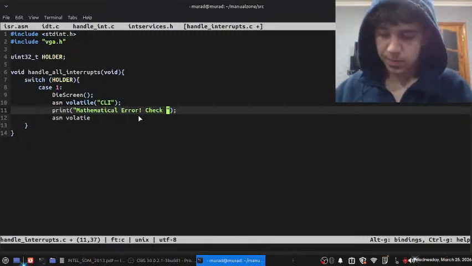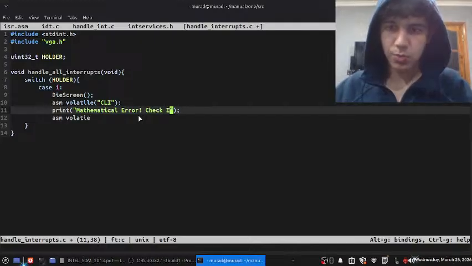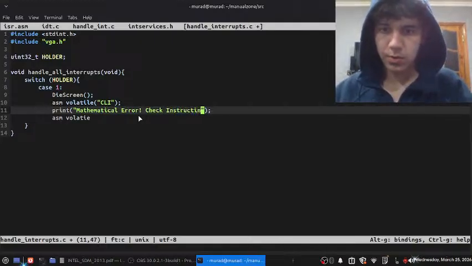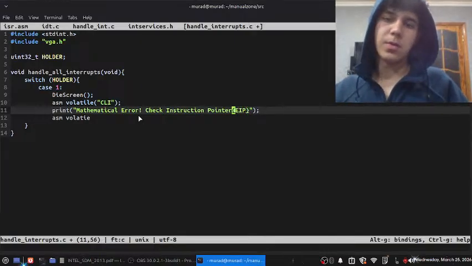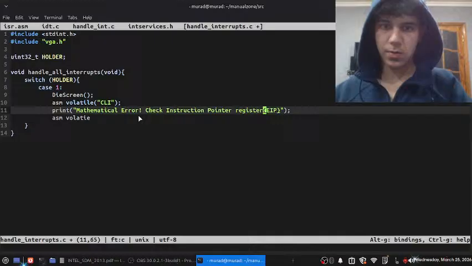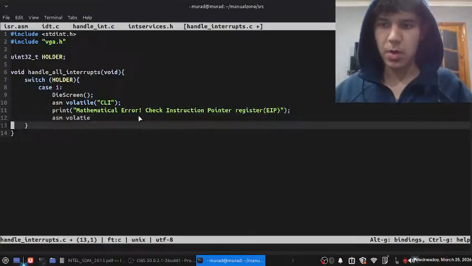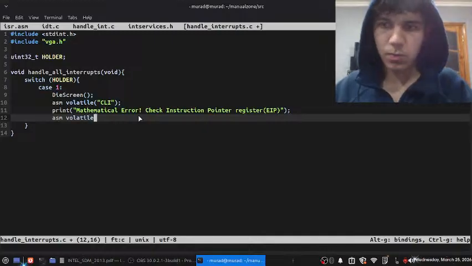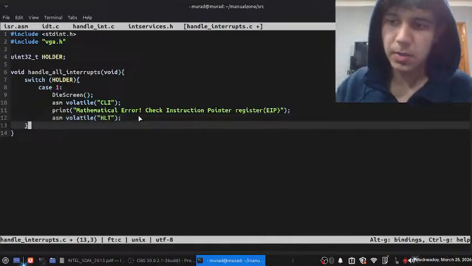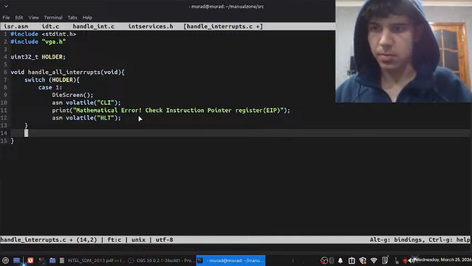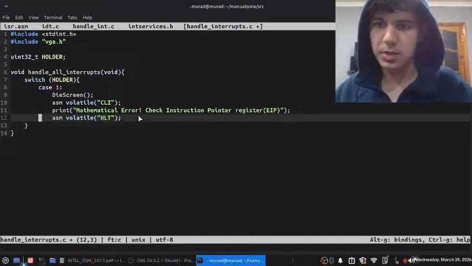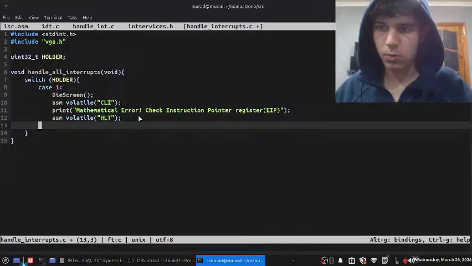Check instruction pointer. From now, the user will know what interrupt has been fired. Okay, switch and cases. Very simple.